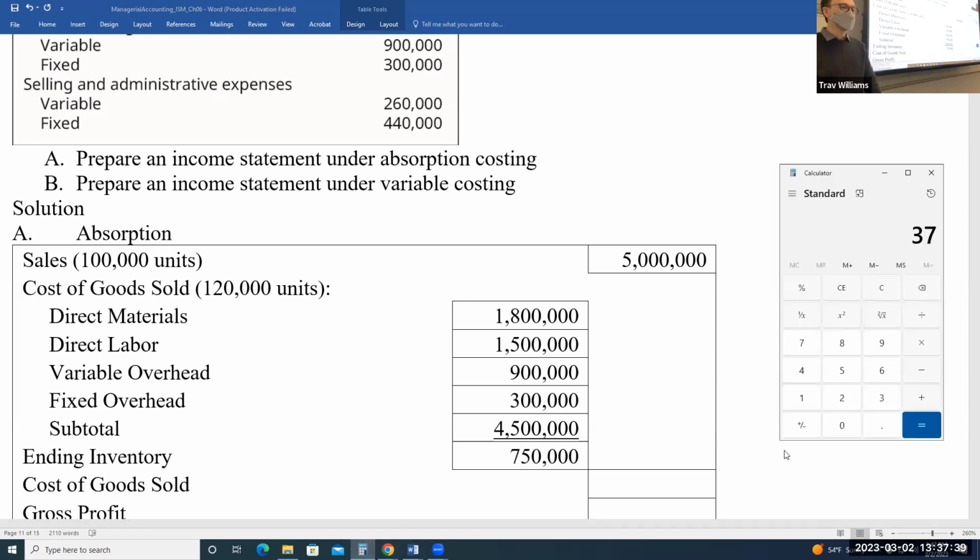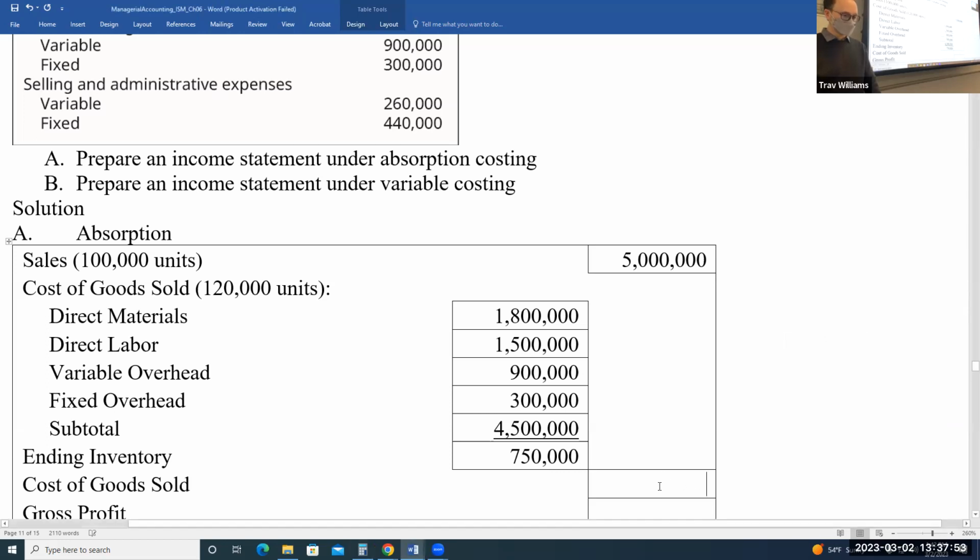We could take that same $37.50 cost per unit and multiply it by the 100,000 units that did get sold, and that gives us the cost of the goods that were sold. Or an alternative would be we could take the total cost of producing the 120,000 units, subtract the cost of the 20,000 units that didn't get sold, and again, it gives us the cost of the goods that were sold.